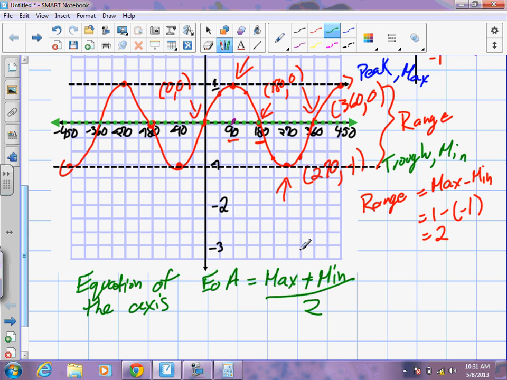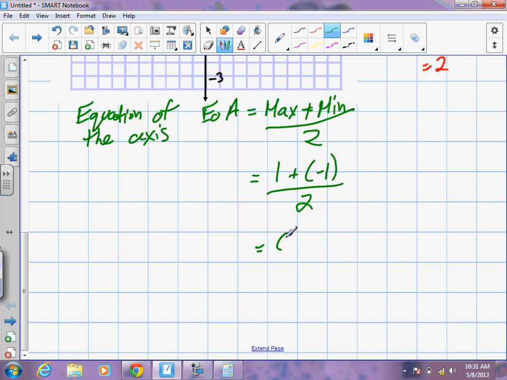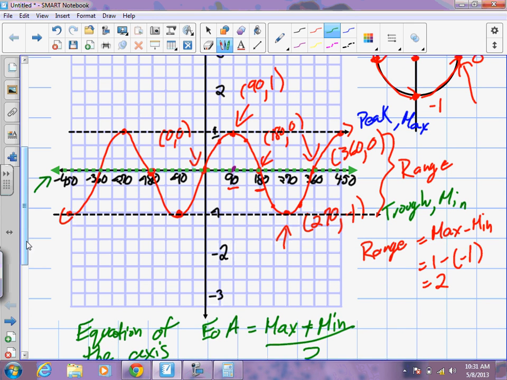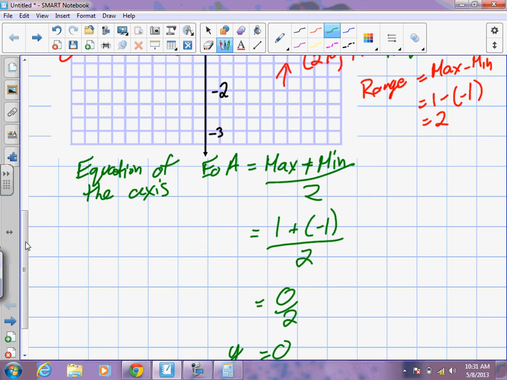So in this case, our max is 1. We add our negative 1, and that value will have to be divided by 2. What is 1 plus negative 1? 0 divided by 2 is 0. So the equation of the axis happens to be at the value of 0. In other words, you could say there's a horizontal line where y equals 0. That's where it cuts right through it.